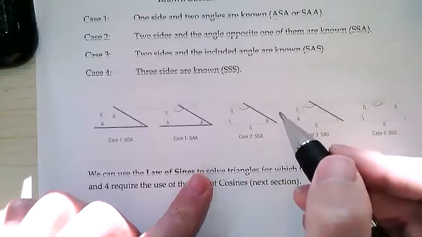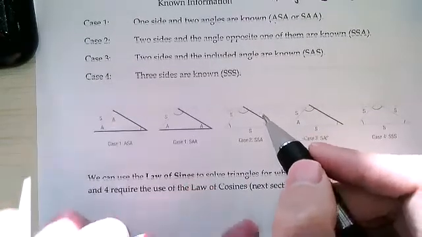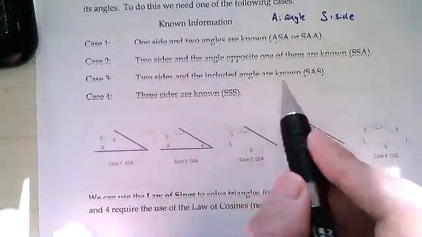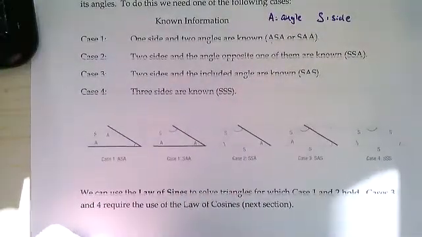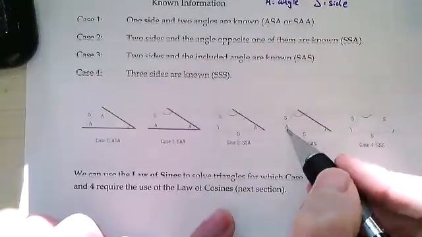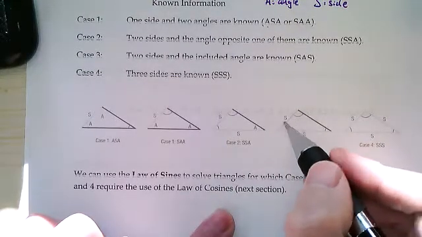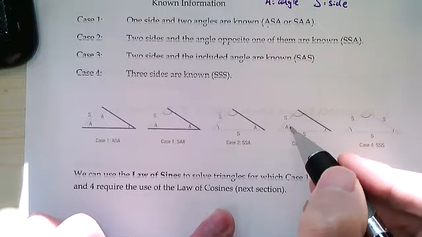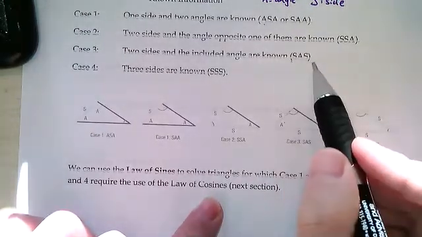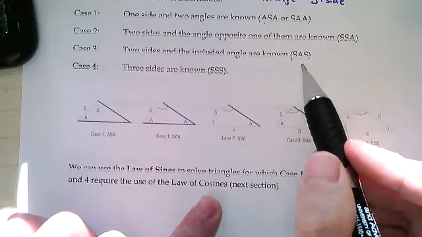Okay. Case 3: 2 sides and the included angle are known. What does that mean? It means the 2 sides are known, and this angle, which is called the included angle, is known. So SAS in shorthand notation.